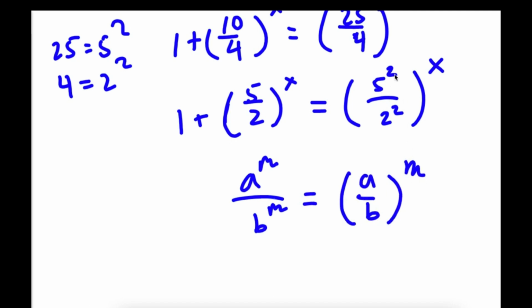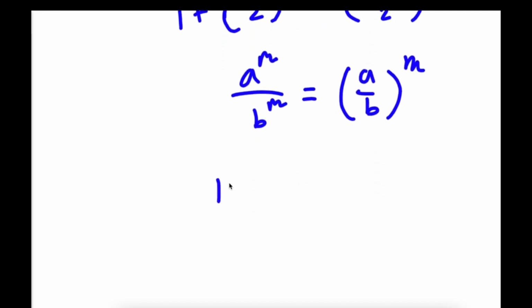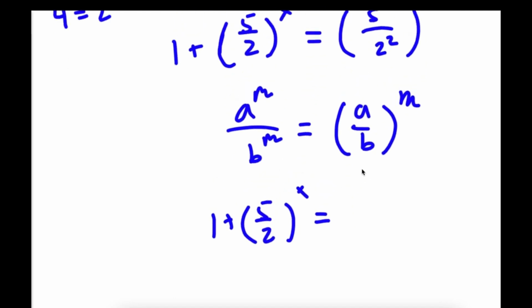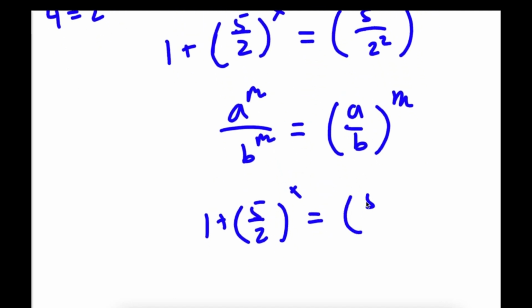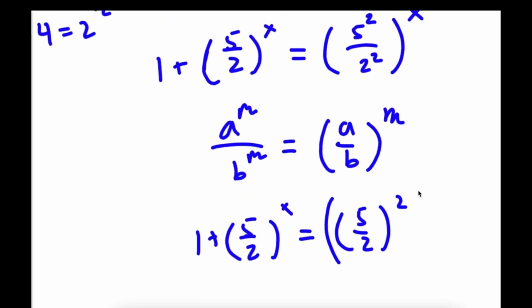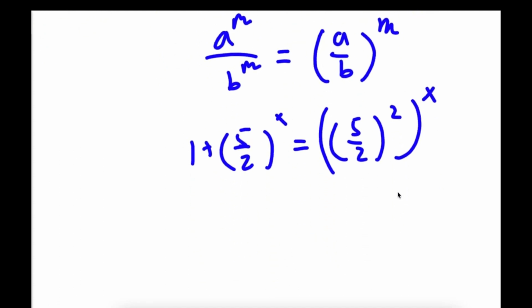So in this case, I have 5 squared over 2 squared, so we can rewrite that as 5 over 2 squared, and then we have to the power of x.